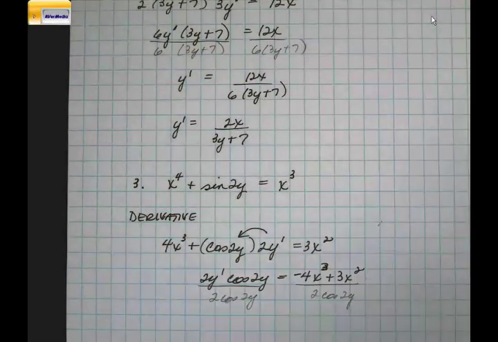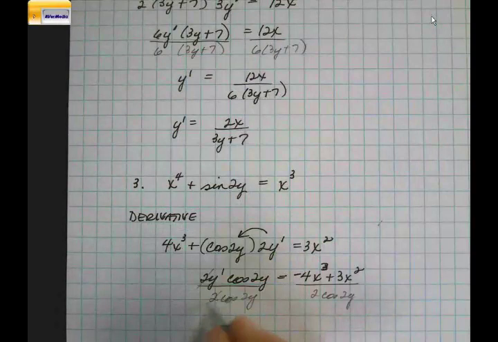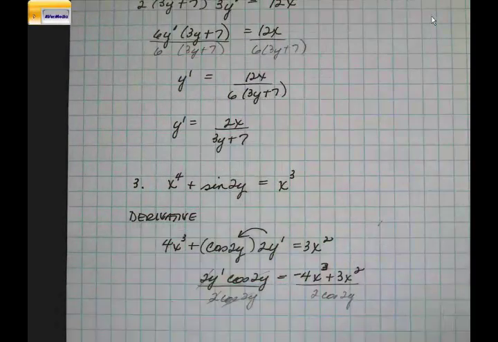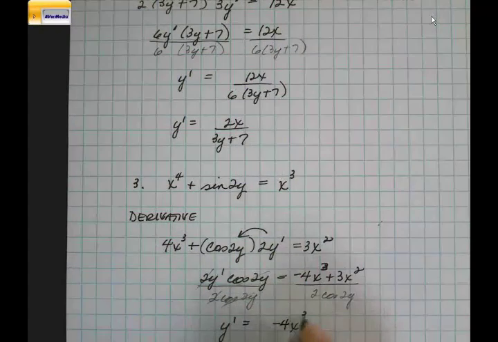So the 2s will go and the cosine function will go. And so it becomes y prime equaling negative 4x cubed plus 3x squared over 2 cosine of 2y.